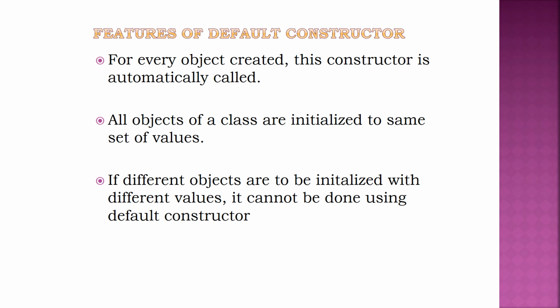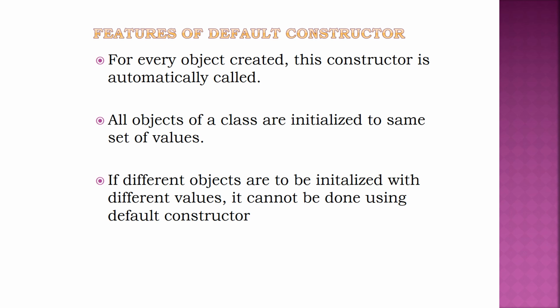All objects of a class are initialized to the same set of values. If different objects are to be initialized with different values, it cannot be done by using a default constructor. These are the major features of default constructors.